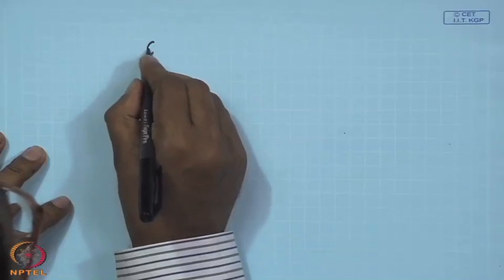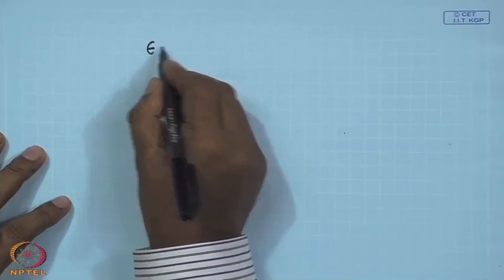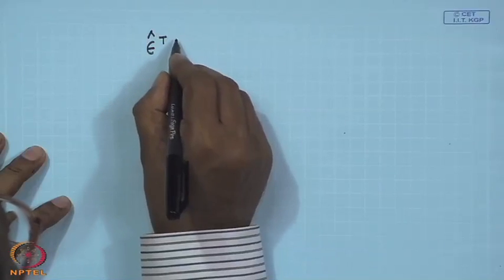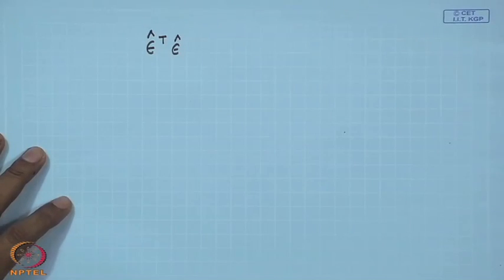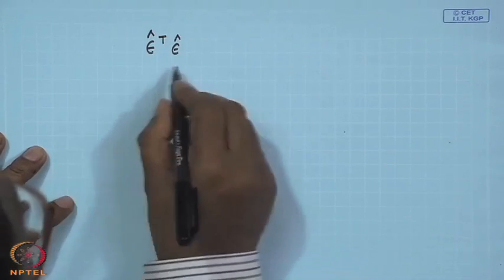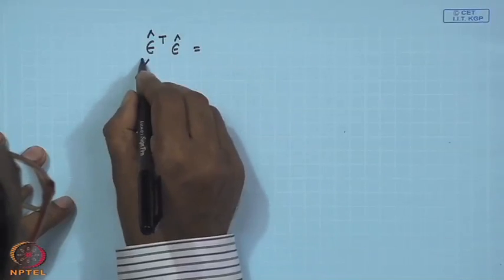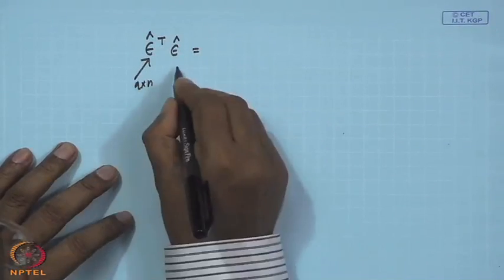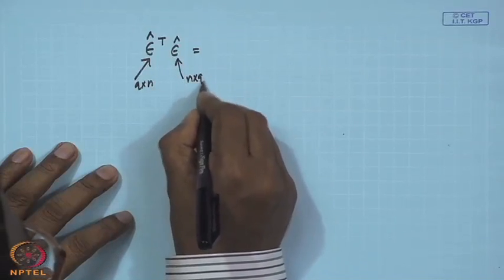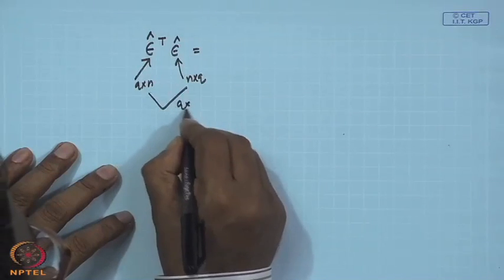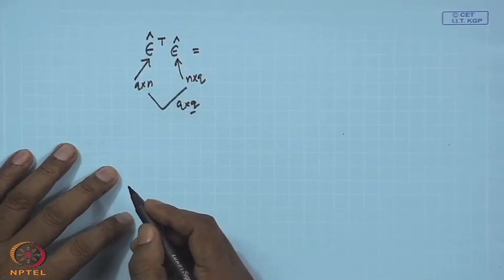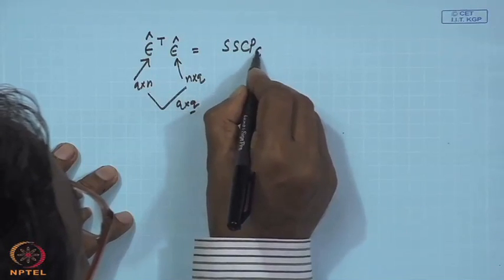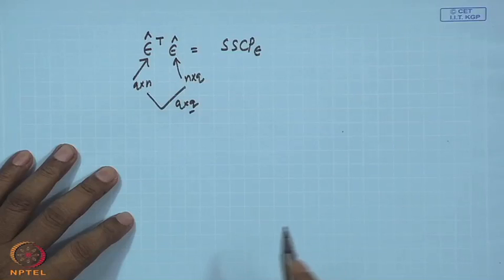But you know this epsilon cap is known to you. Now, if I make epsilon cap transpose epsilon cap, then what is this value? Epsilon transpose will be q cross n and epsilon will be n cross q, so this quantity will be q cross q. Okay. So, this is your SSCP error part.